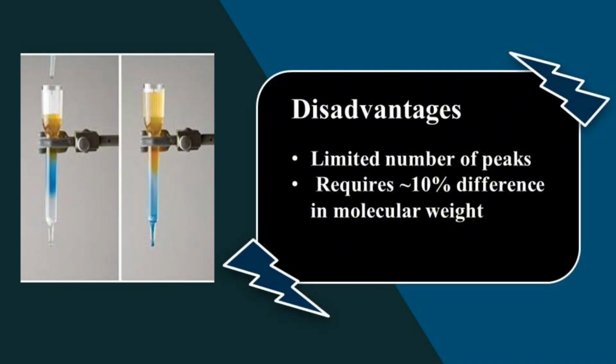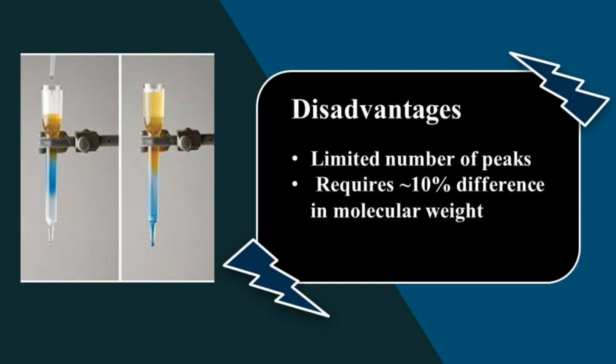When explaining the limited resolution, gel filtration chromatography has a limited resolution for molecules that are close in size. It may not be able to effectively separate molecules that have similar molecular weight due to their similar diffusion rates and elution volume. In such cases, additional separation techniques may be required for better resolution.